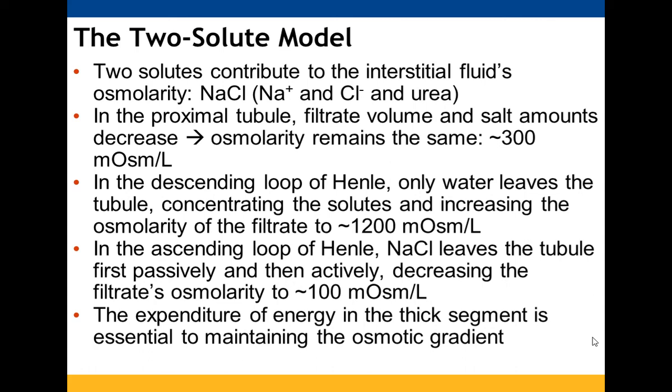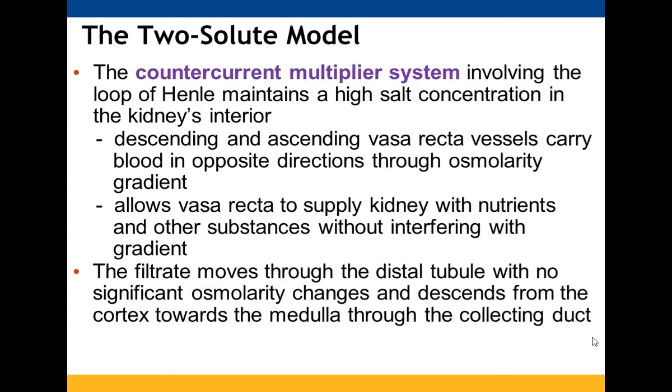In the ascending loop of Henle, we are losing salt since we're not losing water to reduce that osmolarity. And then the distal tubule, we talked about how it remains constant. And then the collecting duct is going to vary depending on what the needs are of the body.